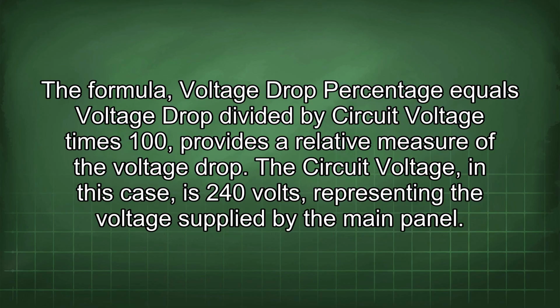The formula, voltage drop percentage equals voltage drop divided by circuit voltage times 100, provides a relative measure of the voltage drop. The circuit voltage, in this case, is 240 volts, representing the voltage supplied by the main panel.